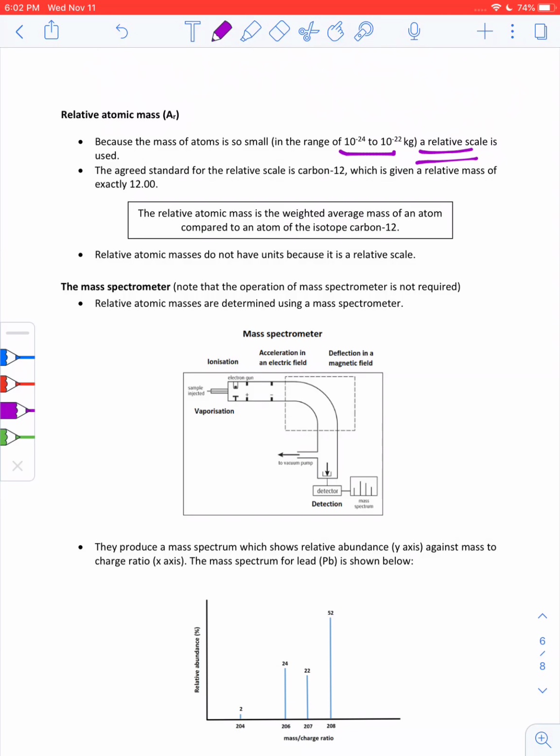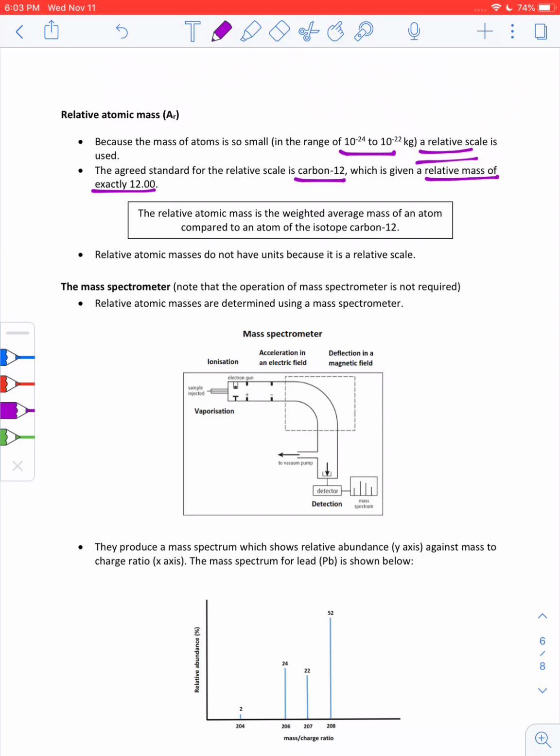The standard that we use for relative atomic mass is the isotope carbon-12. The reason for that is because carbon-12 has exactly 6 protons and 6 neutrons, so its mass is exactly 12. They assign carbon-12 the mass of exactly 12, and then they compare everything else in relation to that carbon-12 atom.